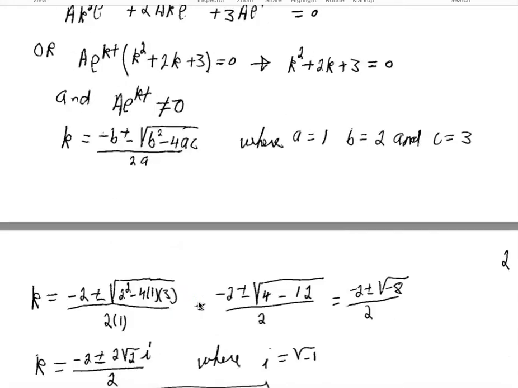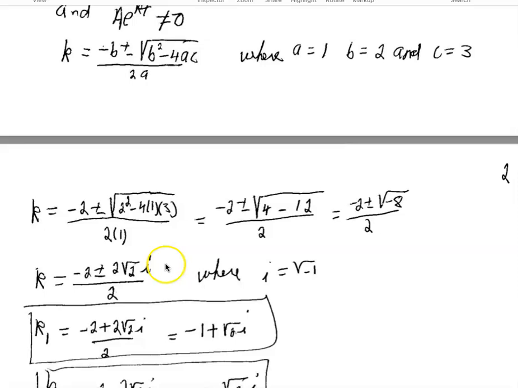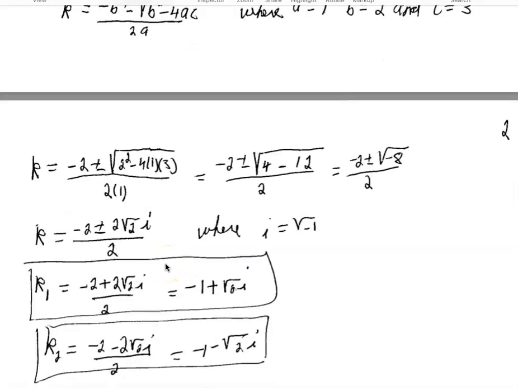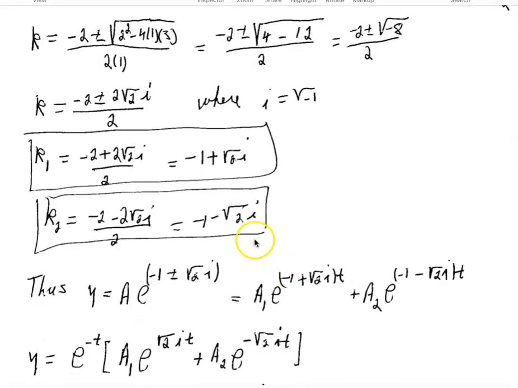You substitute in the values, and you get two values for k. It can be equal to minus 2 plus or minus 2 times the square root of 2 i, over 2. And so we call them k1 and k2.